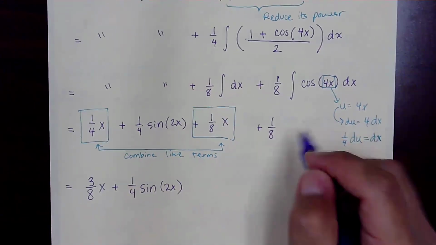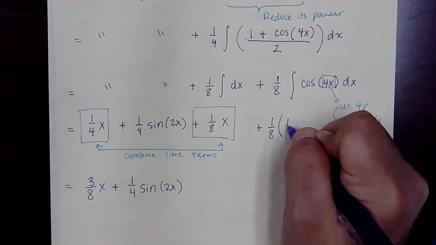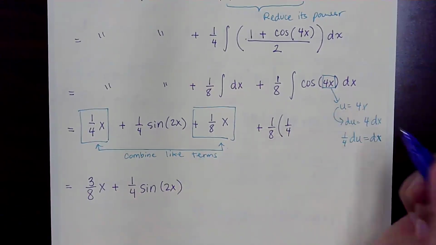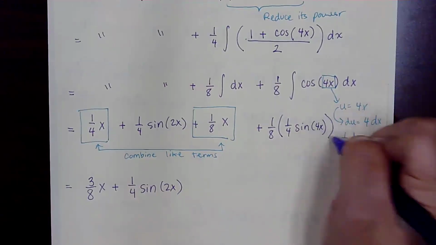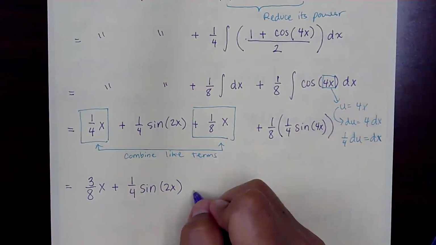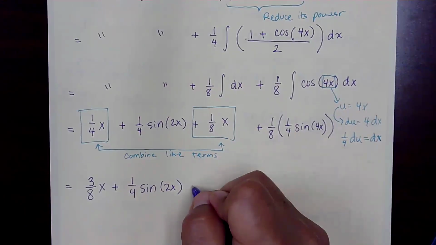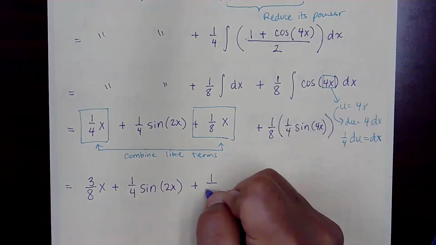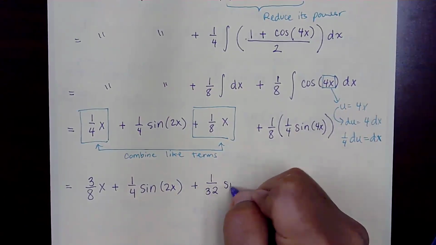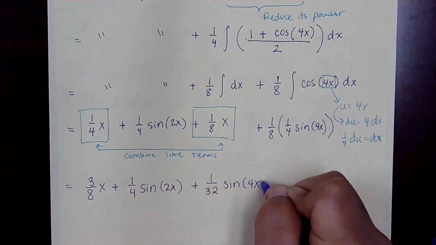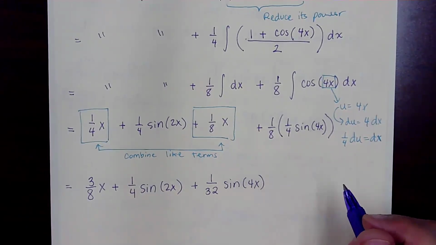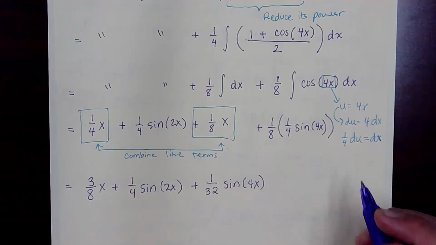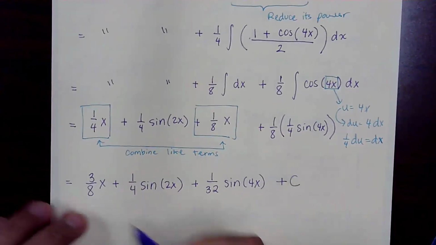So when we integrate that, that's going to be times our factor of 1/4 here. And then this will just be a sine of 4x, like so. So when we go ahead and multiply that out, we're going to have 1/32 sine of 4x. And this was an indefinite integral, so we're just going to put a plus c and call it a day.